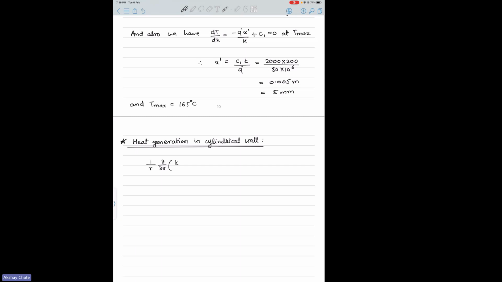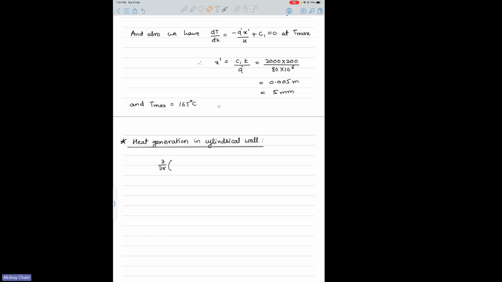I think k comes out, right? So let me just confirm. If you take k out, you can multiply r on both sides also.